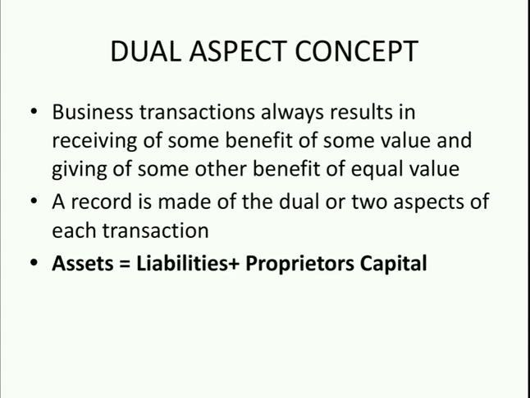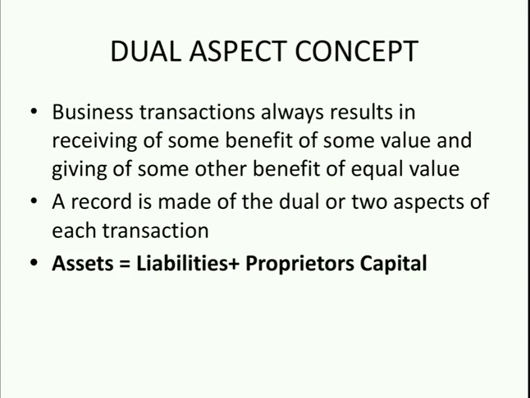As I mentioned earlier, there will be a seller and there will be a buyer. A record of the two aspects, what is being sold and the value for which it is being sold, will be recorded in the books of the seller, and similarly in the books of the buyer, what is being purchased and for what value is also recorded. This is what is meant by the dual aspect, or the two aspects, of a particular transaction.